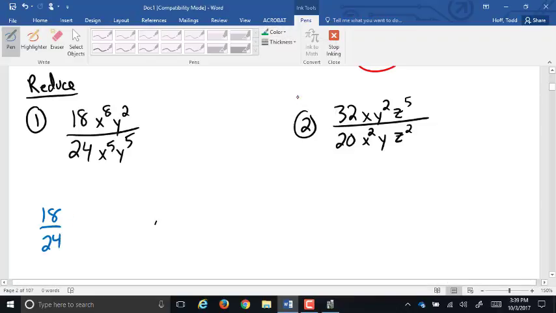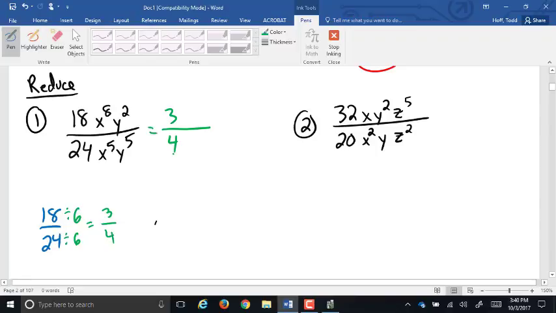What can both of those be divided by? 6. Perfect. So 18 divided by 6 is 3. 24 divided by 6 is 4. So I get 3 over 4. So I know my answer, there'll be a 3 in the numerator and 4 in the denominator.